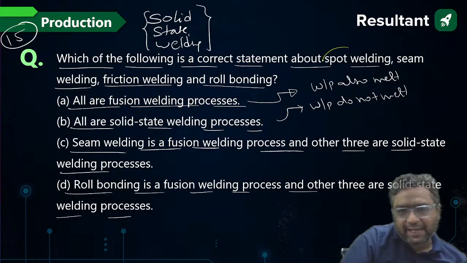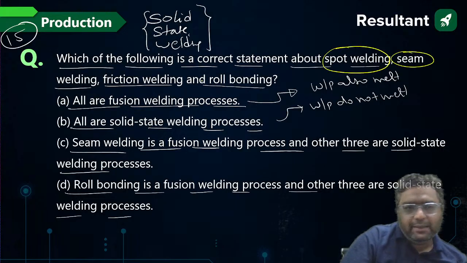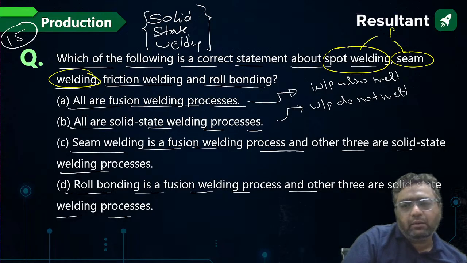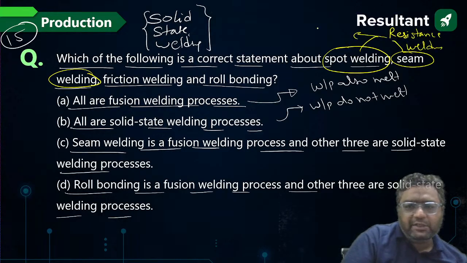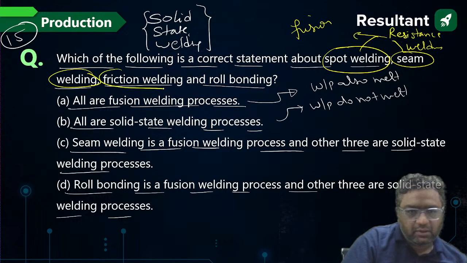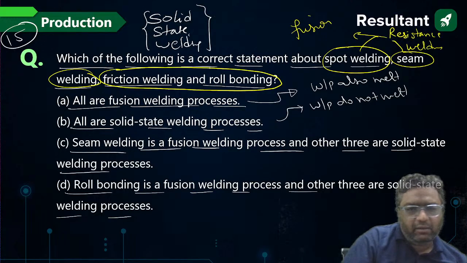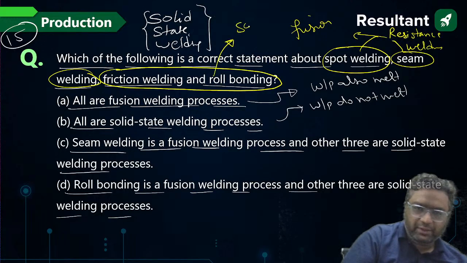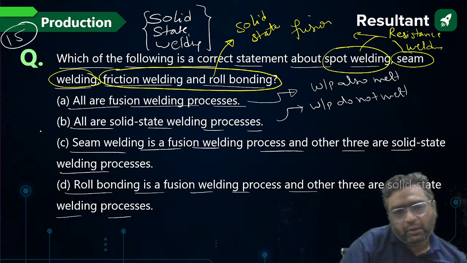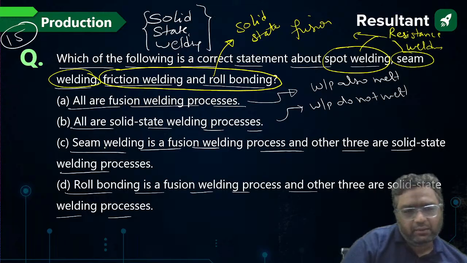Here if you see, guys, the spot welding and seam welding, these two processes come under resistance welding, which is a fusion welding process. Friction welding and roll welding, they are solid state. So obviously, seam welding is a fusion process.